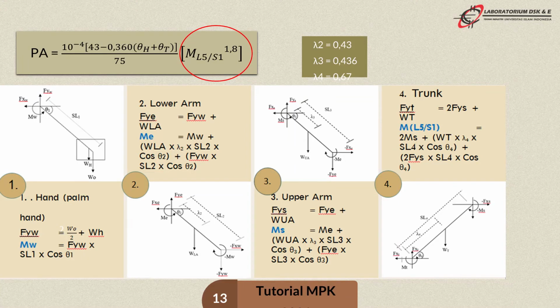The formula on the hand palm is FGW equals WO per 2 plus WH. Meanwhile, the moment of W is FYW multiplied by SL1 multiplied by cos theta 1.